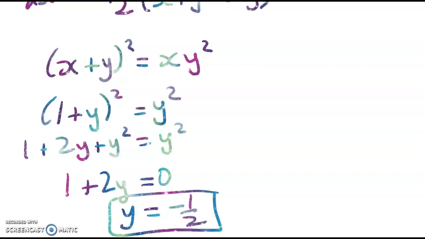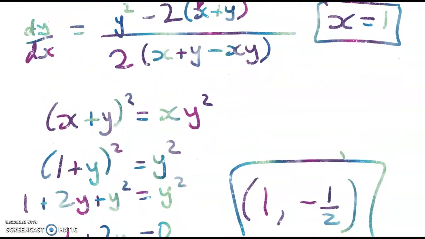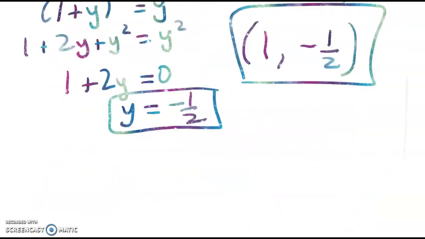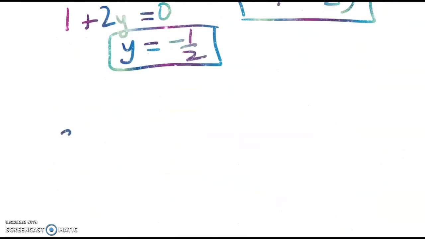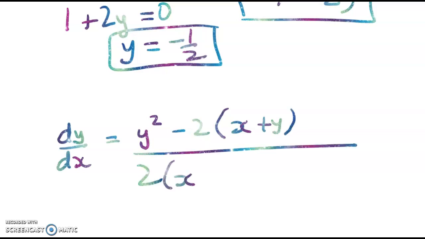So that tells me that the point on the curve that I'm interested in has got coordinates 1 and negative 1/2. And now all I have to do is to take those coordinates and plonk them up here into this expression. But I'm just going to write it out nicely down here, because it's very easy to muck these up. So we've got y squared minus 2 times (x plus y) over this.